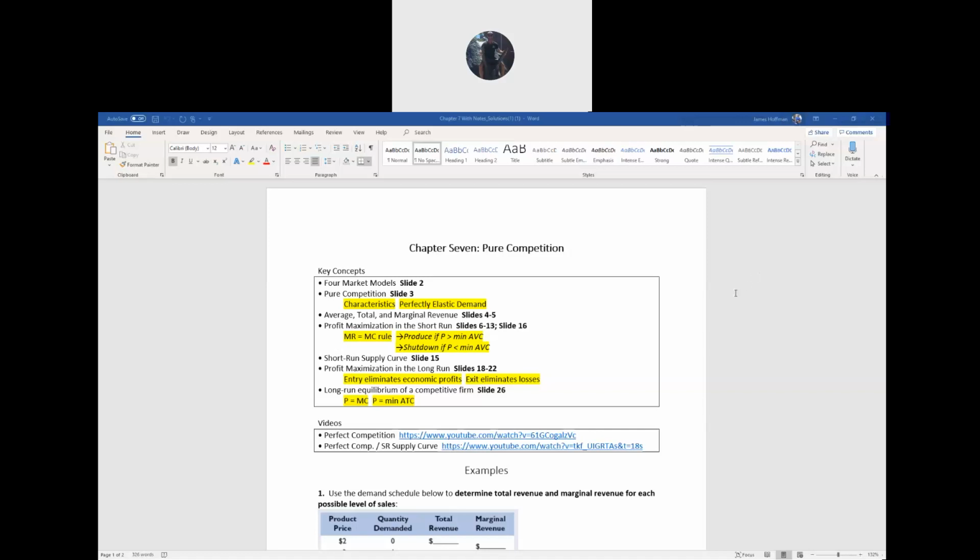Say Sprouts sells the bulk peanuts for, I don't know, 25 cents a pound. I'm not sure what the price is, and then Whole Foods sells them for $1 a pound. You're going to go to Sprouts because they're cheaper, and it's the same thing. So if price is the only determinant of the good, then consumers are only going to pay what their demand curve says.